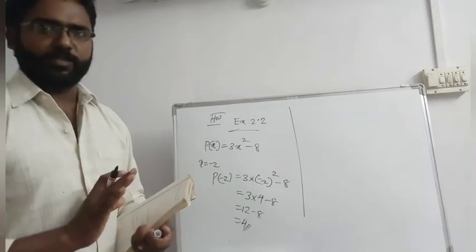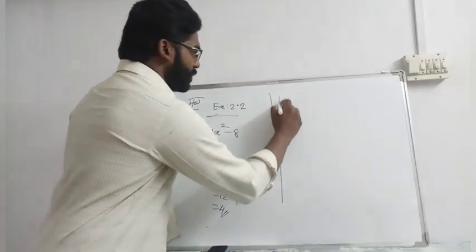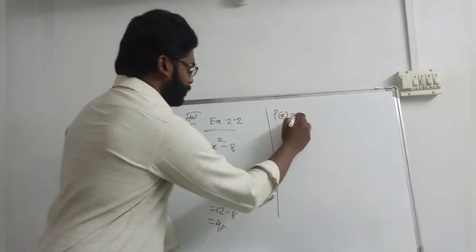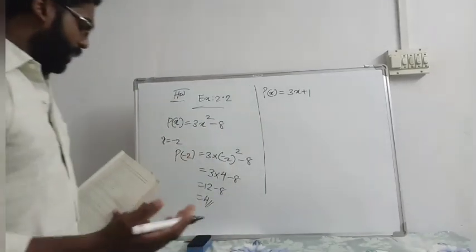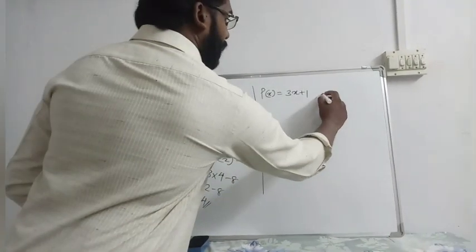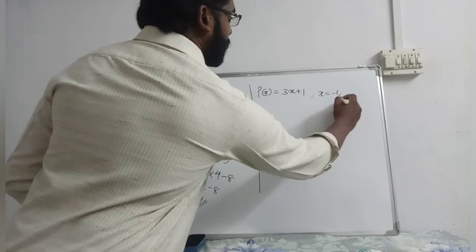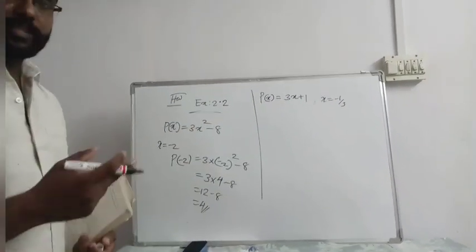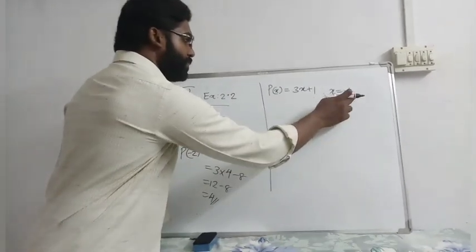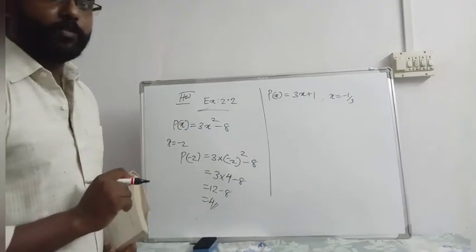I'll do the first question for you. First question, p of x equal to 3x plus 1, and they ask to verify that x equal to minus 1 by 3 is a zero of that polynomial. x equal to minus 1 by 3 is a zero means when we put minus 1 by 3 instead of x, the value becomes 0.